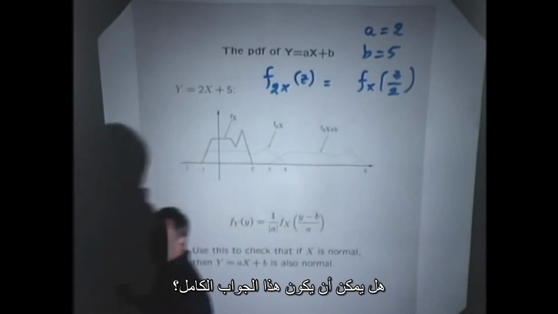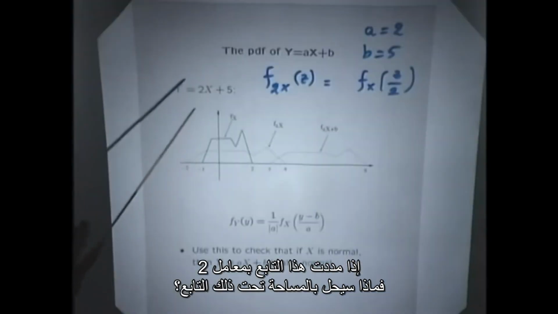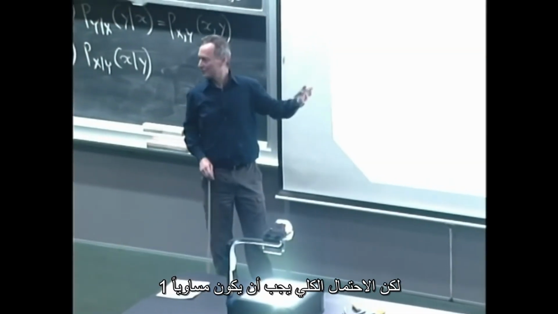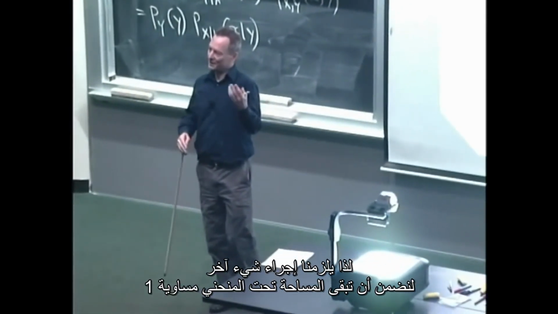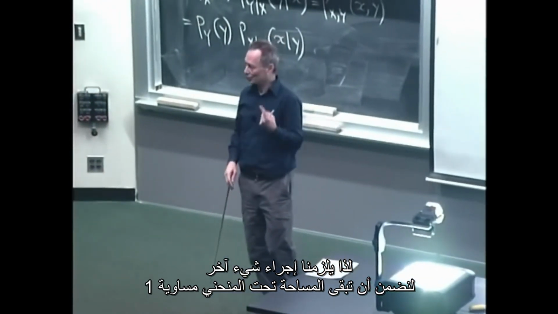Could that be the full answer? Well, there's a catch. If you stretch this function by a factor of 2, what happens to the area under that function? It's going to get doubled. But the total probability must add up to 1. So we need to do something else to make sure that the area under the curve stays at 1.